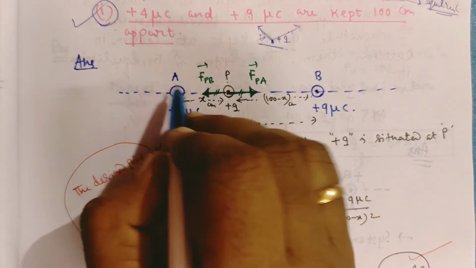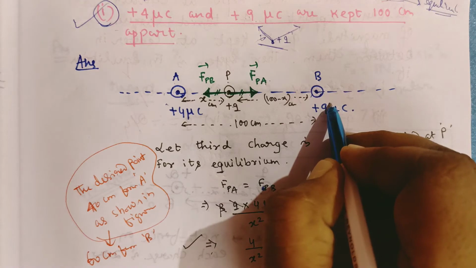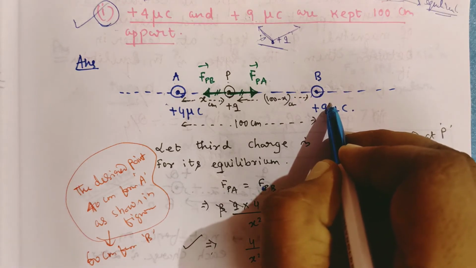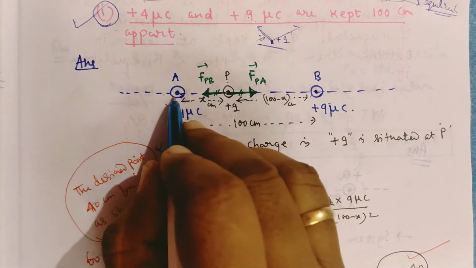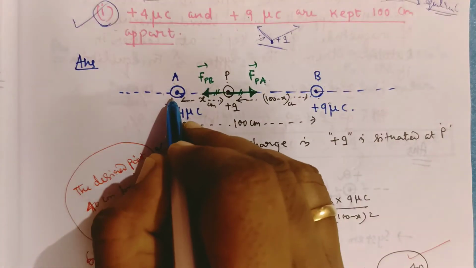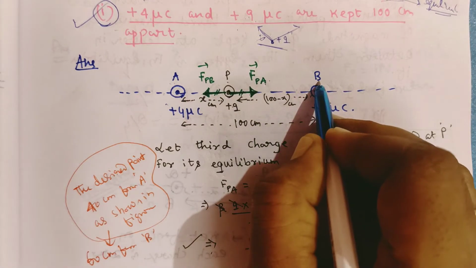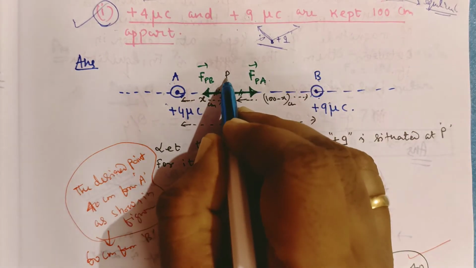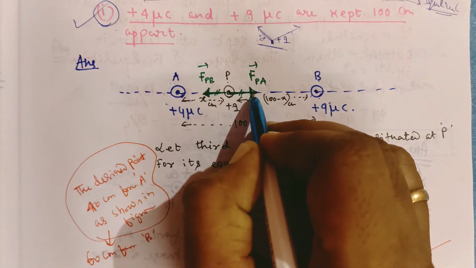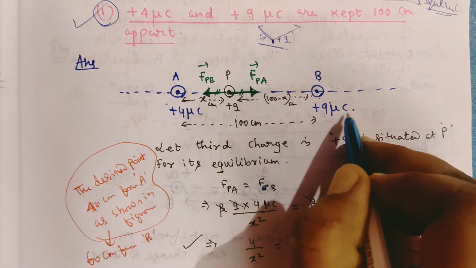So remember that if the same variety of charge is there, your third charge, to be in equilibrium, should be in between the two charges. So when you do the problem, you should put this point P here. If A and B are the same charge, then point P is exactly at the middle point. But here one is plus 4 microcoulomb, another is plus 9 microcoulomb.